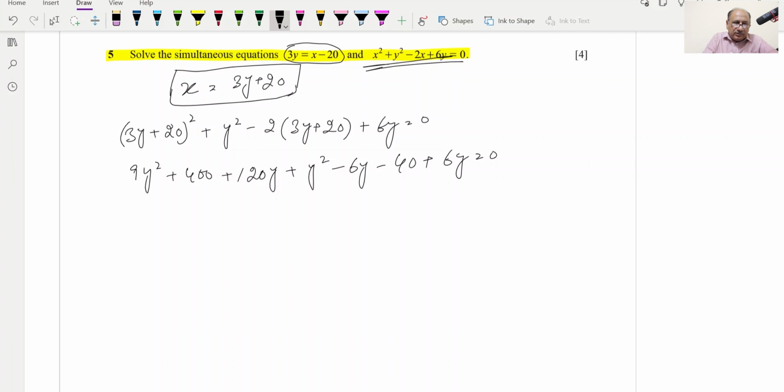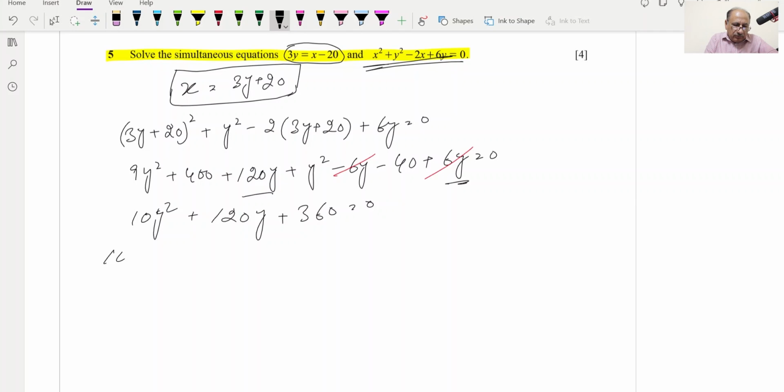Now adding like terms, 9y squared and y squared add up to 10y squared. The y terms, minus 6y and plus 6y, cancel, so we get plus 120y. And next is the constant, 400 minus 40, which is plus 360, equal to 0.